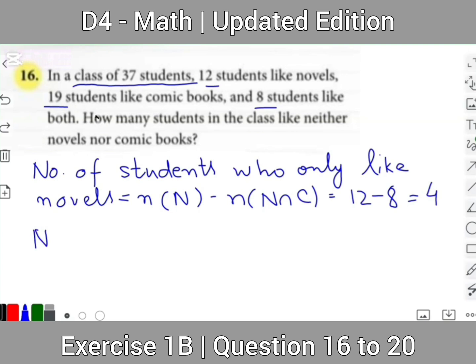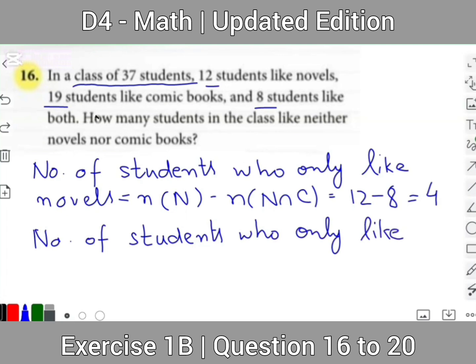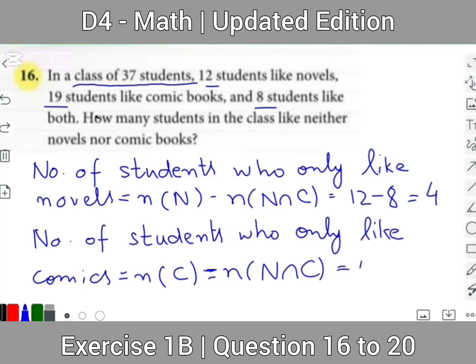Similarly, we have to find out the number of students who only like comics, which is equal to n of C, the number of students who like comics, minus the number of students who like both. So 19 minus 8, and that will be equal to 11.